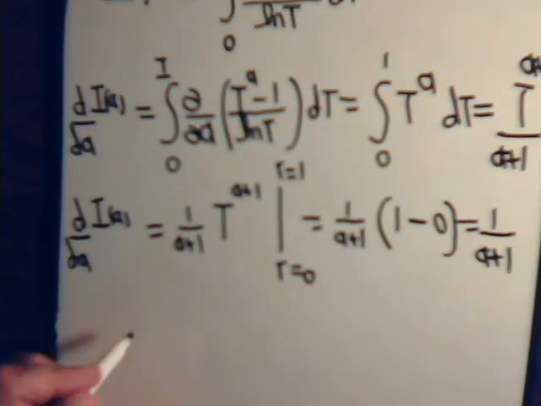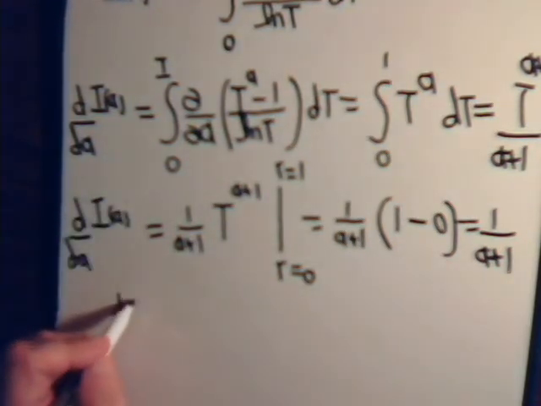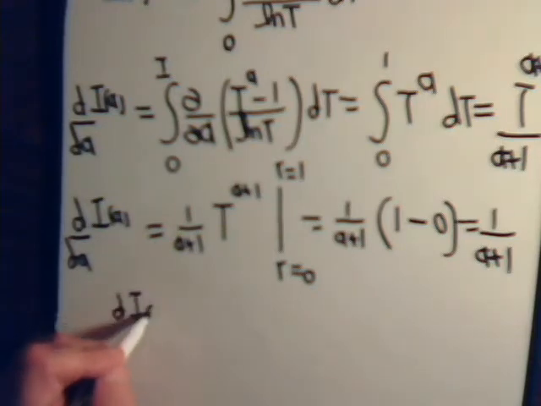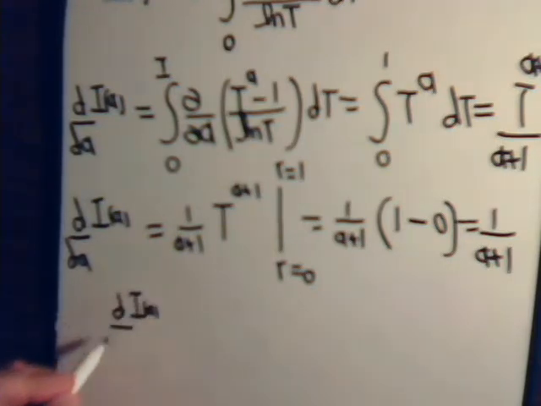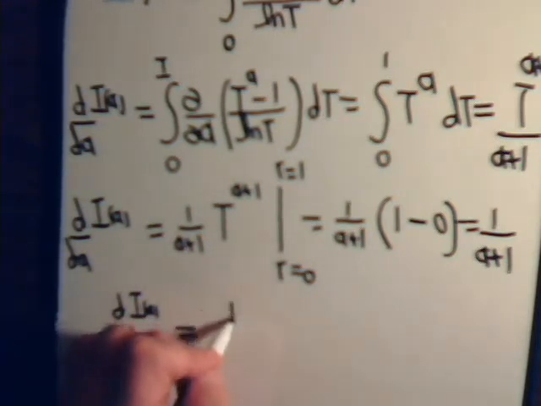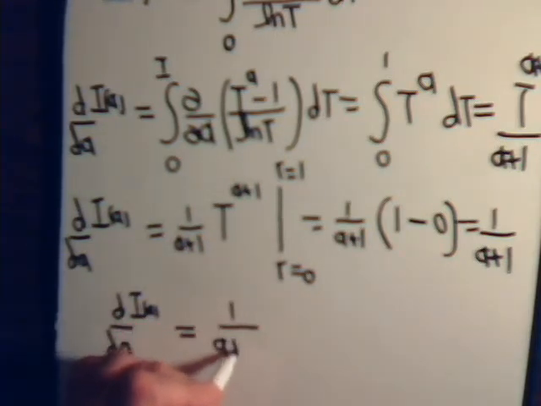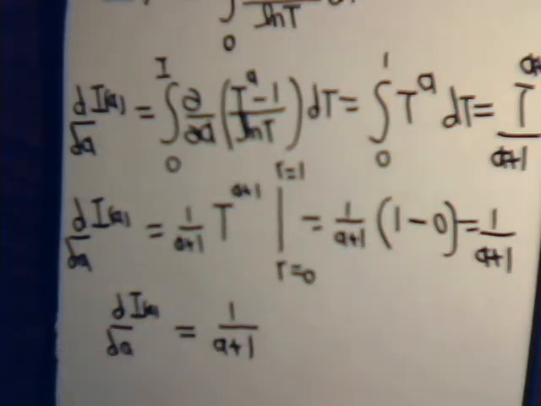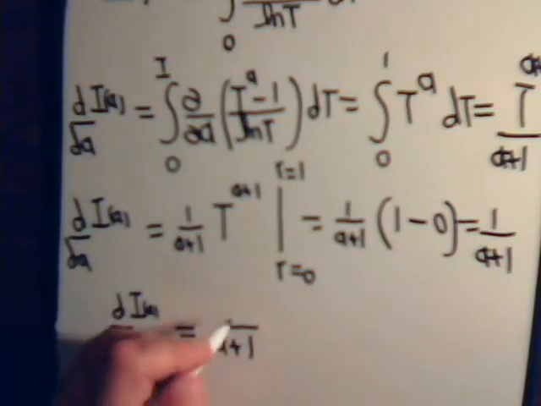Let's go back to here. The derivative of our integral, we abbreviate it like this: dI/da equals 1 over a plus 1. So let's multiply both sides of the equation by da.